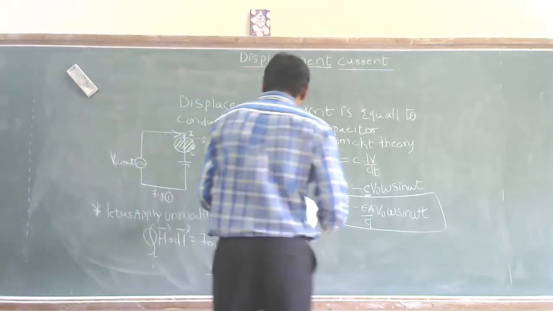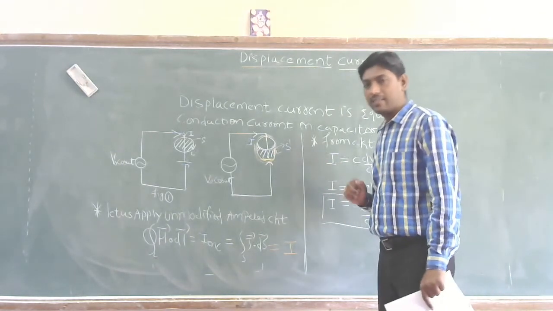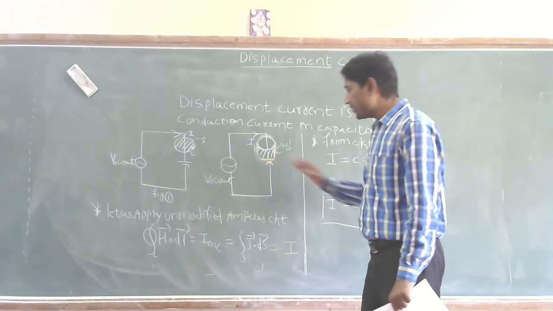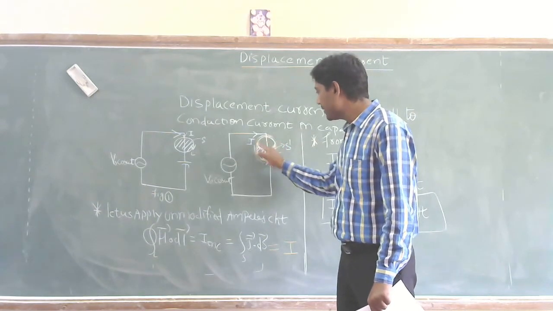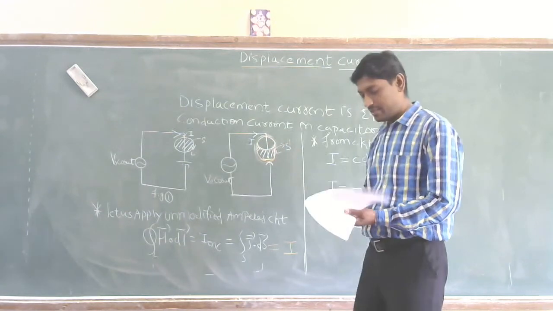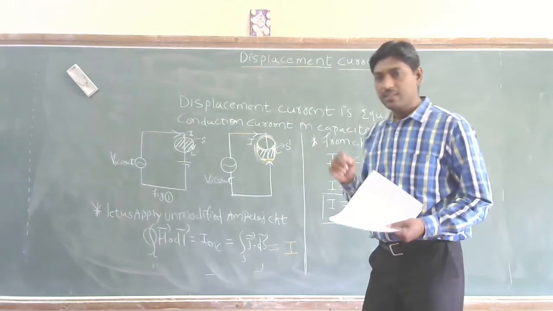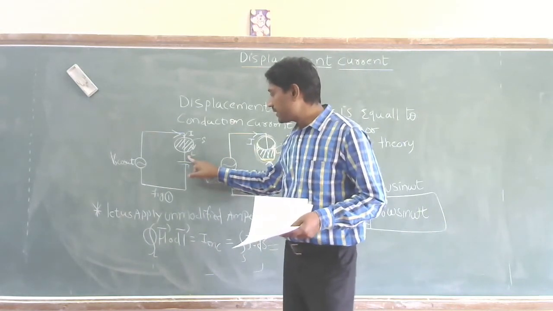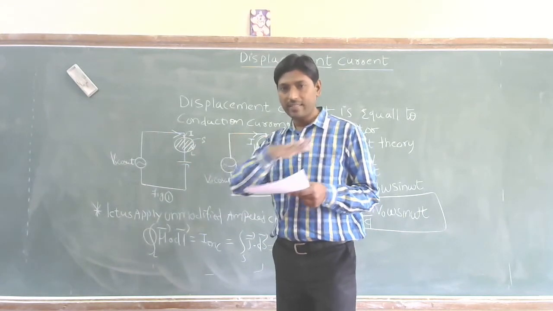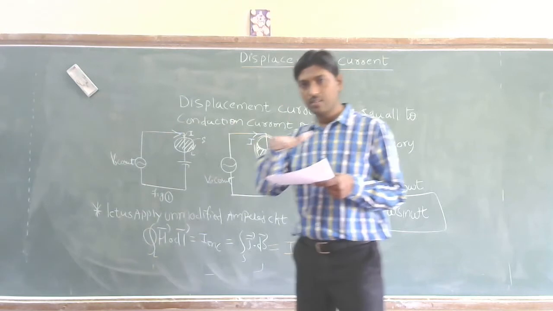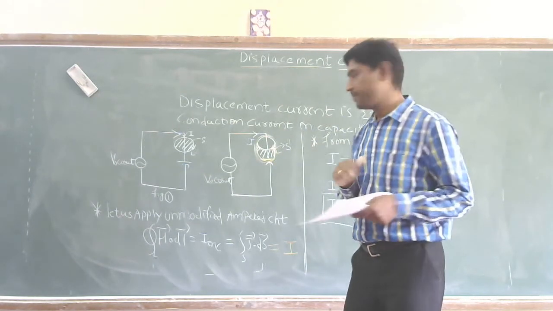Now what we'll do is apply the Ampere circuit law to a different scenario. We try to keep the same loop, but you could see that in the earlier case this is the loop, and the surface was a flat, circular surface.